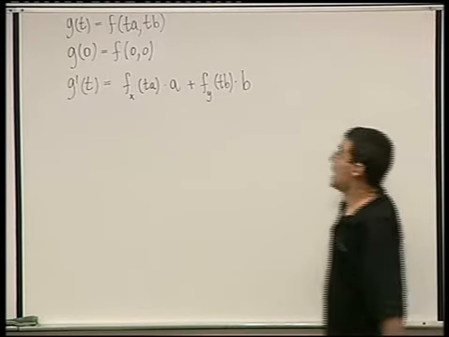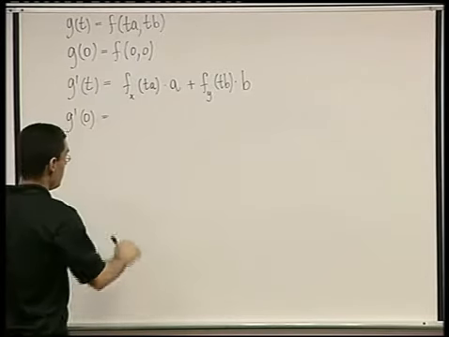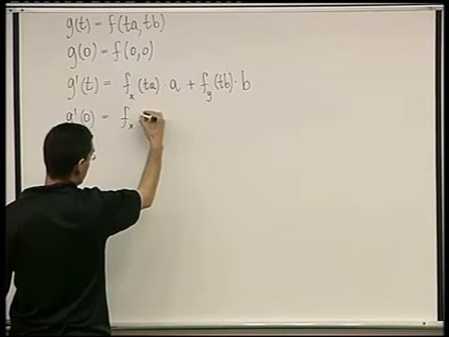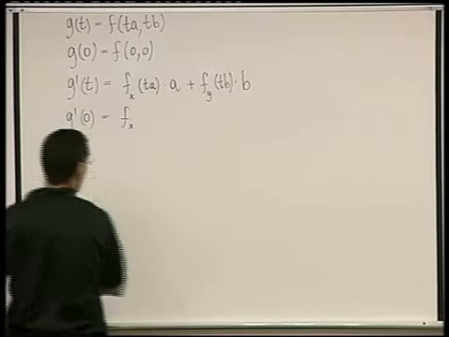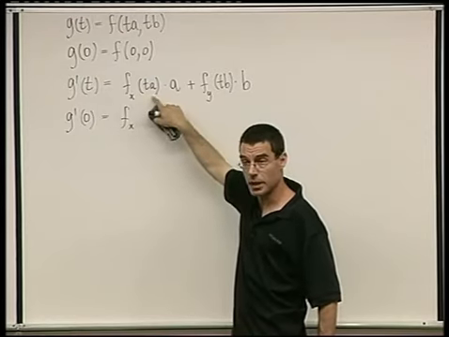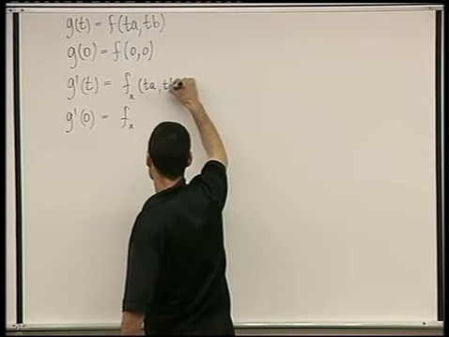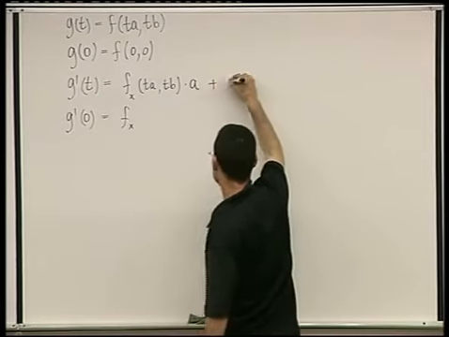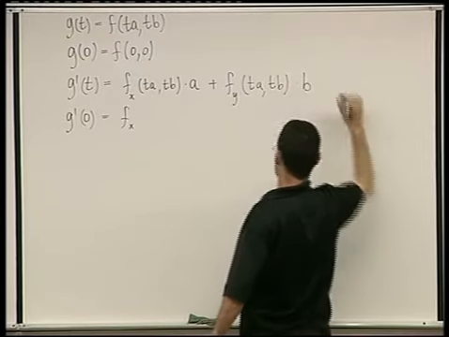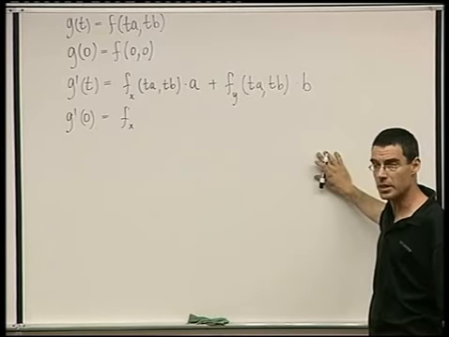Good? And what we need is g prime at 0. So what is g prime at 0? It's the derivative of f with respect to x evaluated at 0. I made a mistake here. Where should I evaluate it? Right. This is a two-variable function, right? Let's fix this: fx at ta, tb times a plus fy at ta, tb times b. Good? Is it clear what just happened? Why I got confused and why this is the correct thing to write?